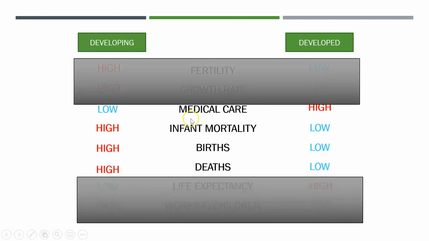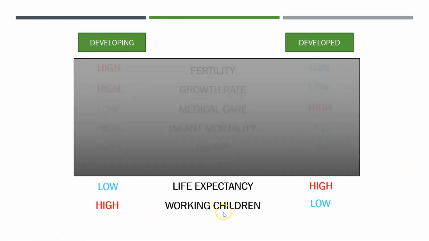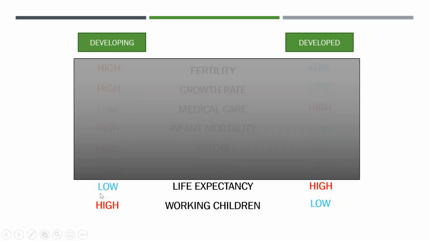Our medical care is much higher in our developed countries and lower in developing countries like Egypt. Infant mortality rates, births, and deaths are all high for developing countries and low in our developed countries. This translates to low life expectancy in developing countries with a high number of children in the workforce, and a high life expectancy and low numbers of children in the workforce in our developed countries.